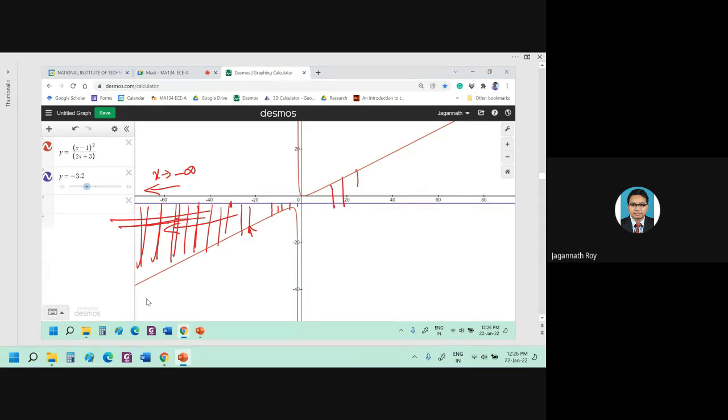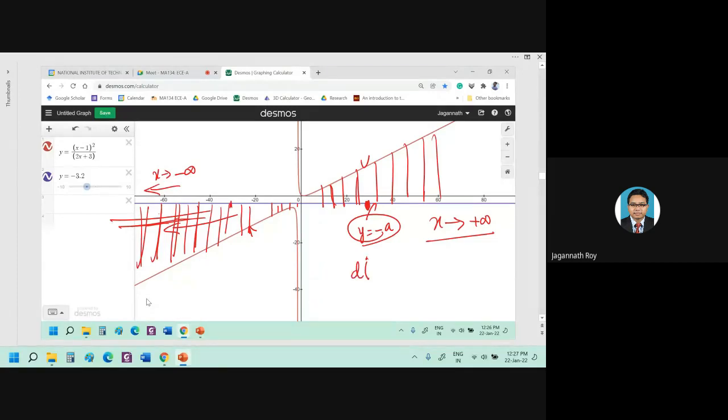Similarly, in this direction also, if you go to plus infinity, then the distance between this curve and the other line, this is not an asymptote. If you call it an asymptote, then everything is gone. For example, y equals some minus a point. So this distance is not going to 0.